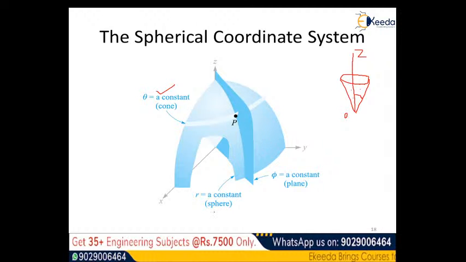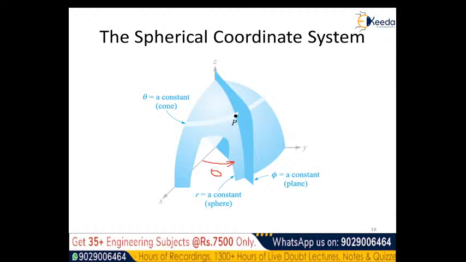So the first surface is a spherical surface, the second surface is a conical surface, and the third surface is phi is equal to constant. Phi is common from the cylindrical coordinate system to the spherical coordinate system. Phi is the angle measured in the horizontal plane like this. So if you limit the value of the angle phi to a constant, we shall collect all such points which have the constant angle phi from the positive x direction.